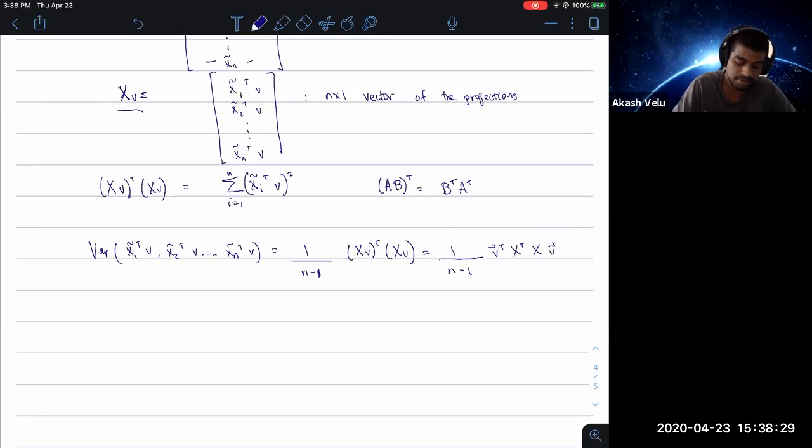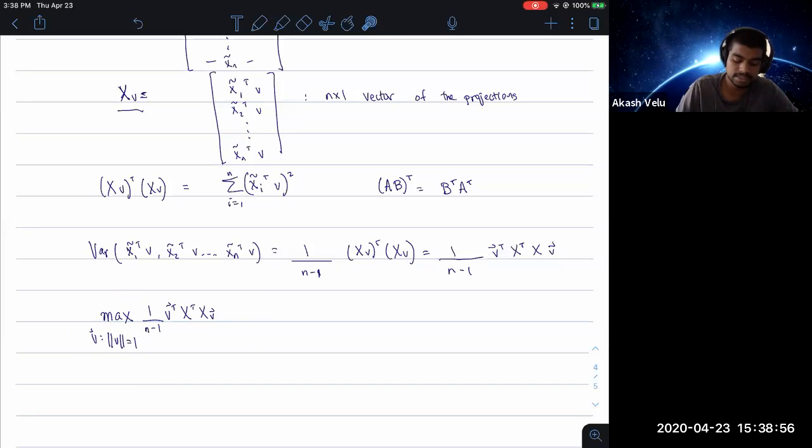So let's write down the maximization problem. We want to choose the v that maximizes the following quantity: v transpose x transpose x v. But in the whole previous derivation, we limited v to have norm 1. So let's parse this a little bit.